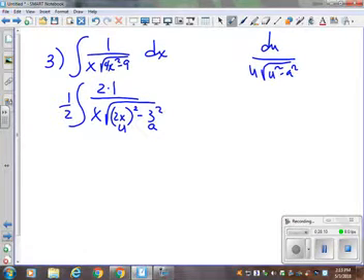Now, let's talk about the rest of the formula. This is supposed to be equal to 1 over a arc secant of the absolute value of u over a plus c. Did I have absolute value bars on that other one? I probably should have. We're just going to put a plus c on the end of it. So first of all, we have a 1/2 that's in our problem.